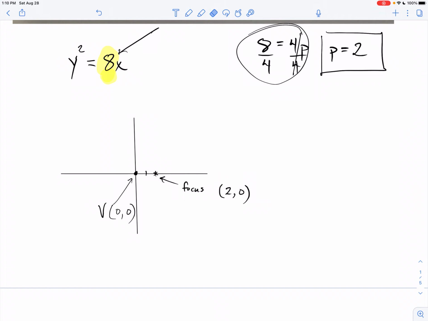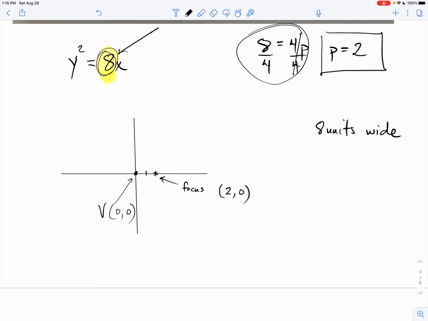But the thing is, in the method I'm using to show you how to graph this, this number here controls how wide my parabola is. My parabola is 8 units wide.